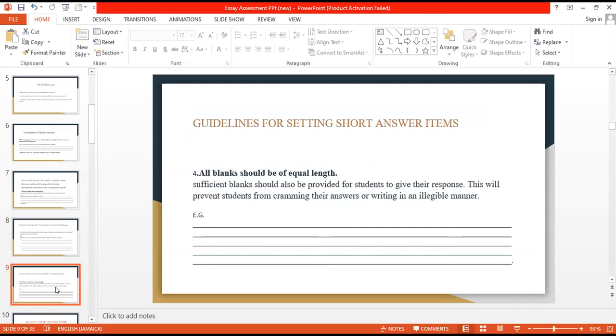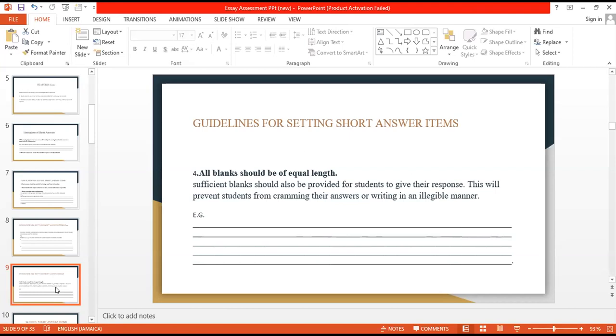Another guideline is that all the blanks should be of equal length. Sufficient blanks should also be provided for students to give their response, and this will prevent students from cramming their answers or writing in an illegible manner. Some should not be longer than others. All of them should be the same length, with the same spacing in between them.